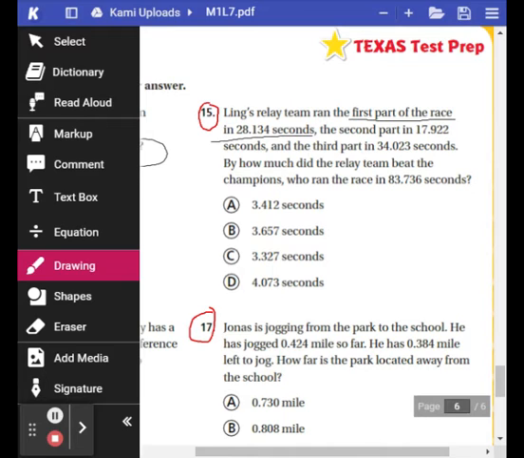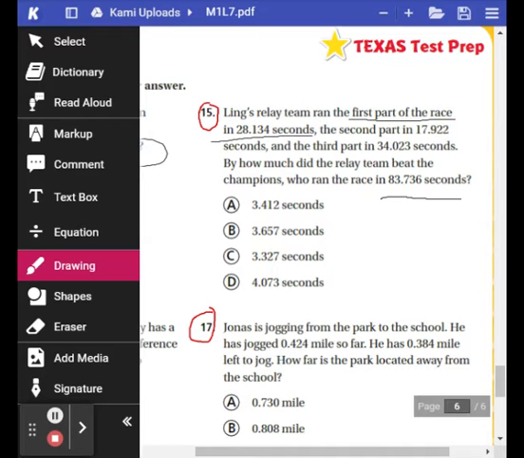So that's going to be super cool. The second part in 17 and 922 thousandths seconds, and the third part in 34 and 23 thousandths seconds. By how much did the relay team beat the champions who ran the race in 83 and 736 thousandths seconds? So first of all, we have to look at what the team did.